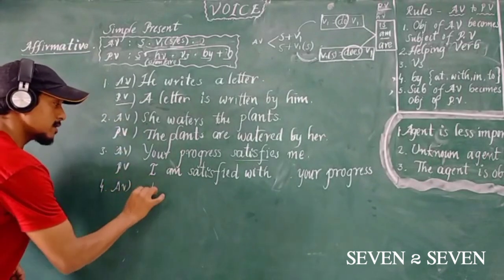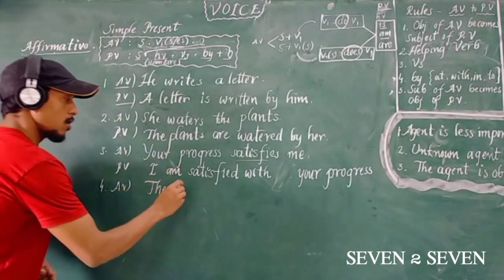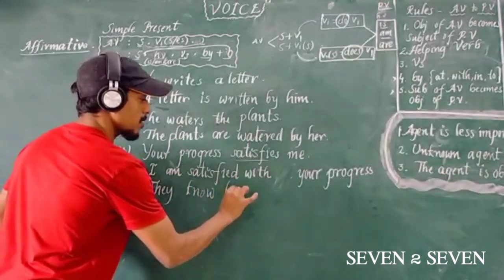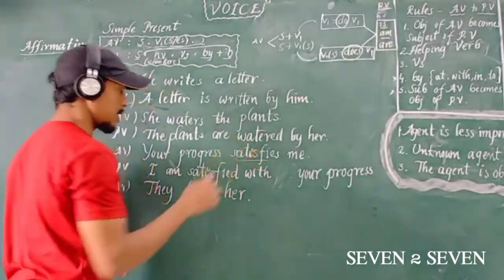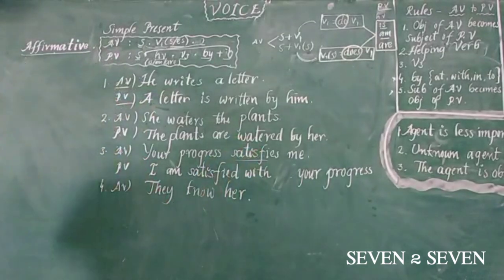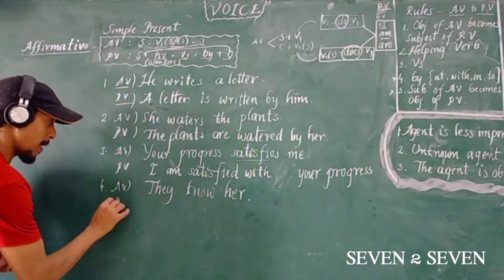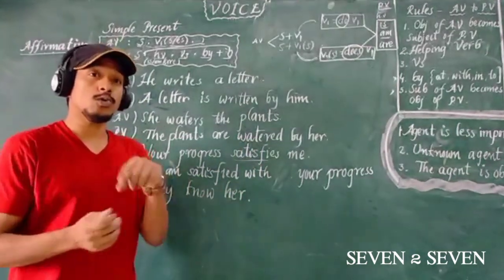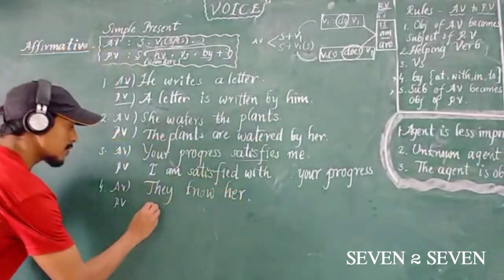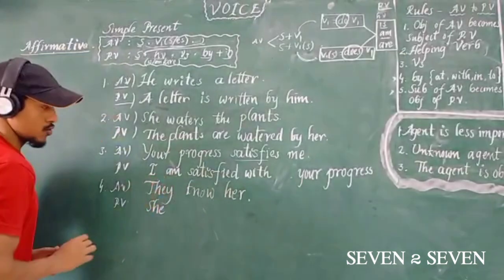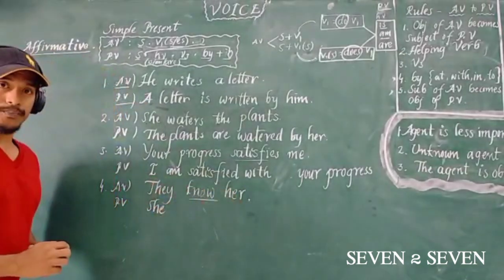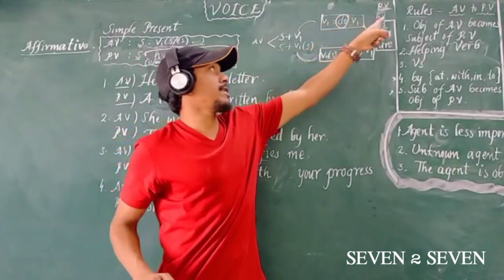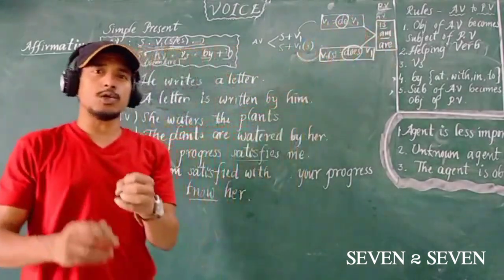In active voice, they know her. In passive voice, they know. Whom do they know? Her. Her becomes she. Know is V1. V1 you can write as is, am, are, or V1 is equal to do plus V1.